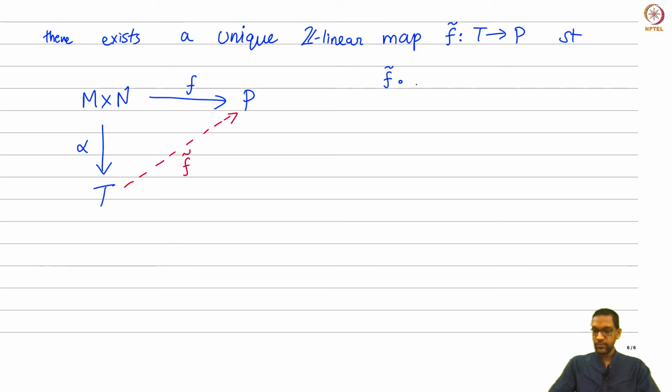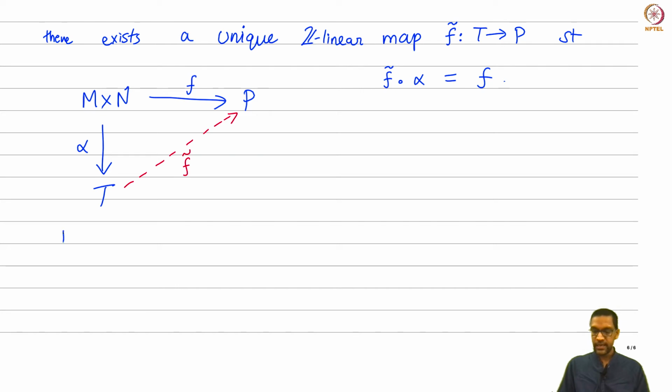F tilde composition alpha gives me F. So you can see it's quite parallel to the earlier story of the tensor product of Z modules. The only new ingredient is this new notion of a balanced map. Now that you have seen how to construct tensor products for Z modules, it's very easy to see how to do things here. So let's make various remarks.